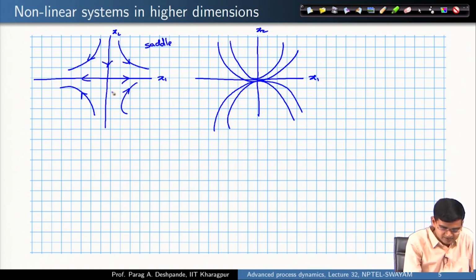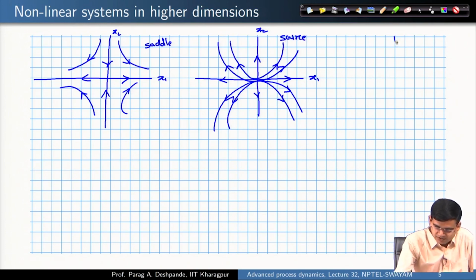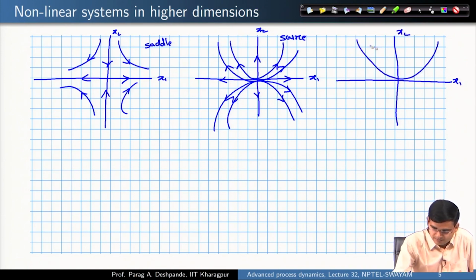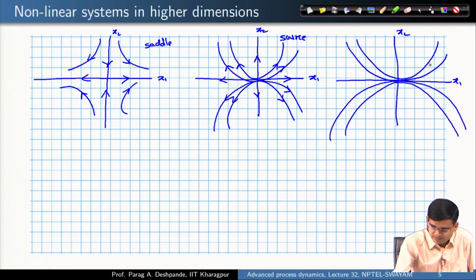So, this is saddle, this is source. Then you have sink, in x1, x2.